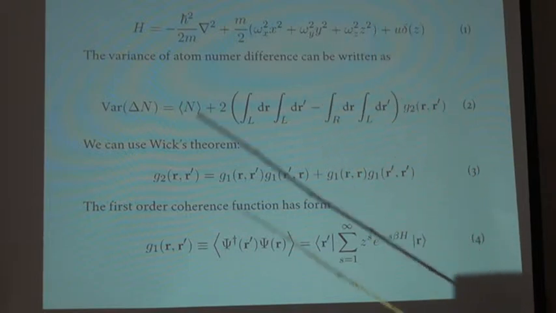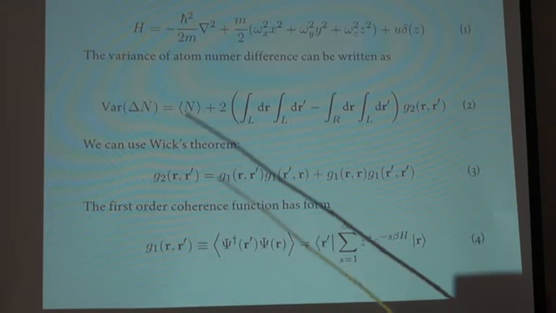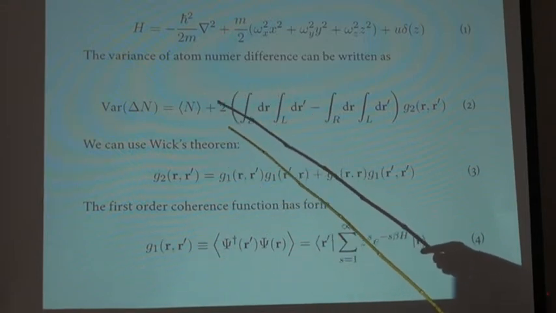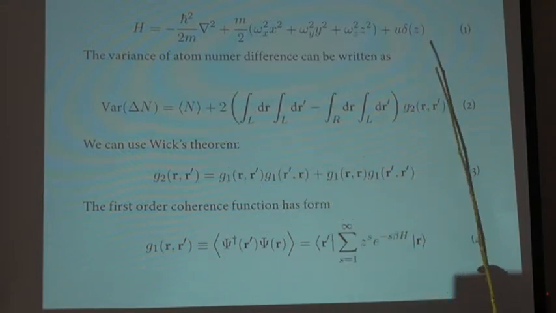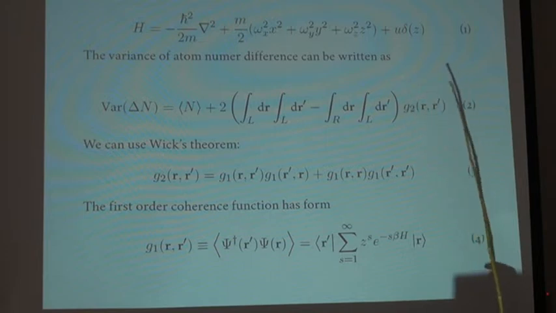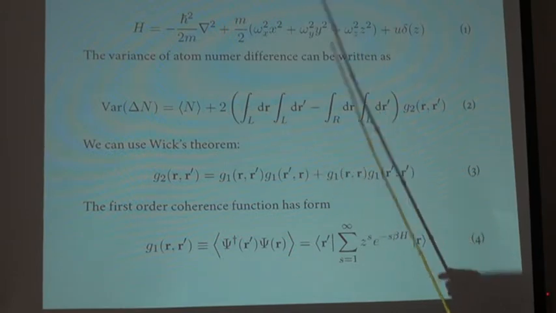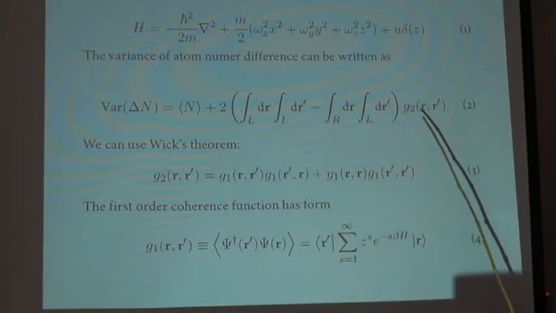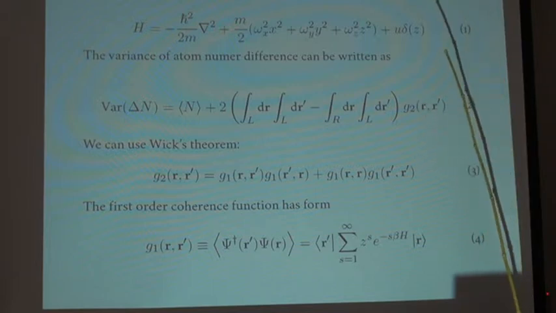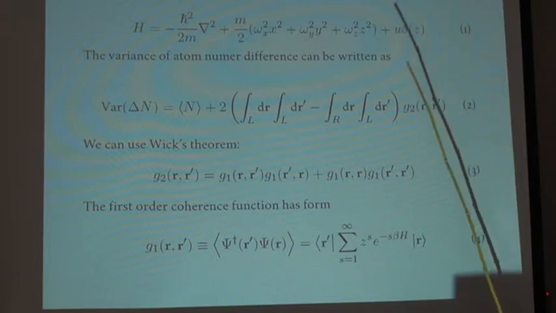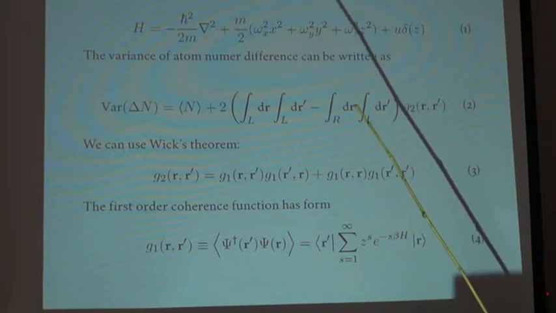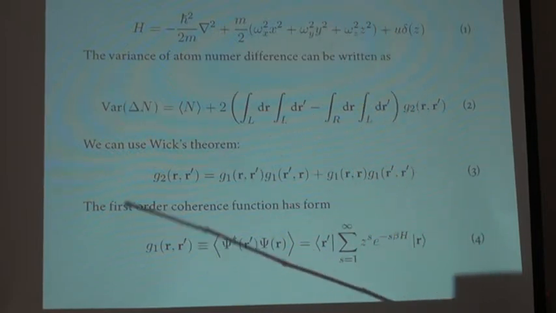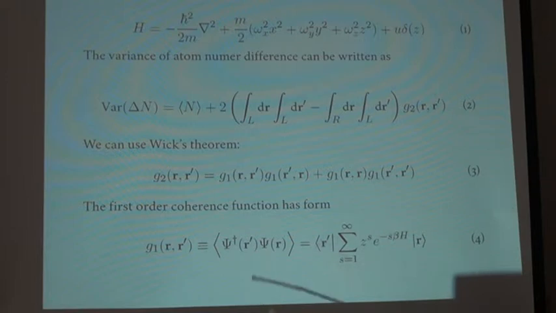And then in a grand canonical ensemble, we can calculate the variance of atom number difference in terms of second-order correlation functions. And here we have the mean atom number in the grand canonical ensemble. The G2 function roughly tells us the probability of finding two atoms at places r and r prime.